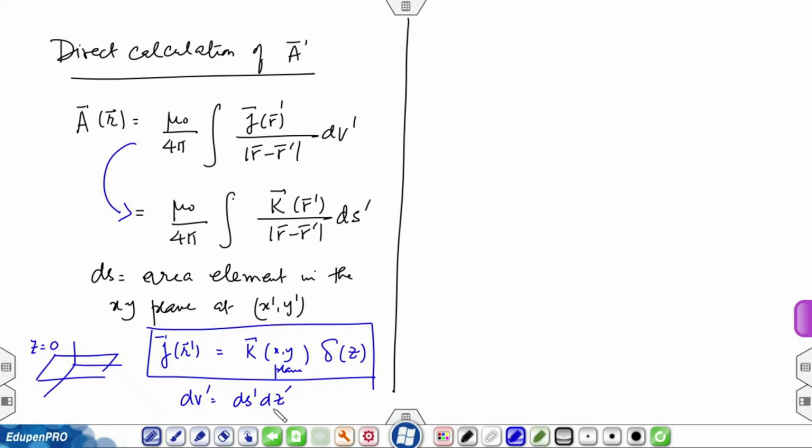You can see immediately how you go from one formula to the other. In the present case, therefore, I have A r is equal to mu naught over 4 pi, k comes out, integration ds prime over r minus r prime, and this is over the x y plane.